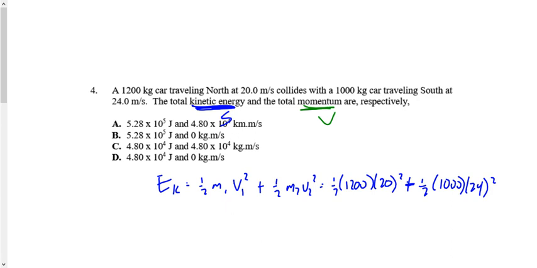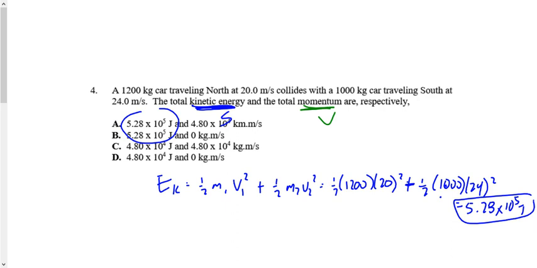And when we do the math there, it works out to be 5.28 times 10 to the 5 joules. So the answer is either going to be A or B as a result of that, 5.28 times 10 to the 5. I think if you made this one negative, you're going to get 4.8. Does that happen? If you make this one negative? But you shouldn't make it negative, right? Because kinetic energy is a scalar. So we don't pay any attention to direction for that.